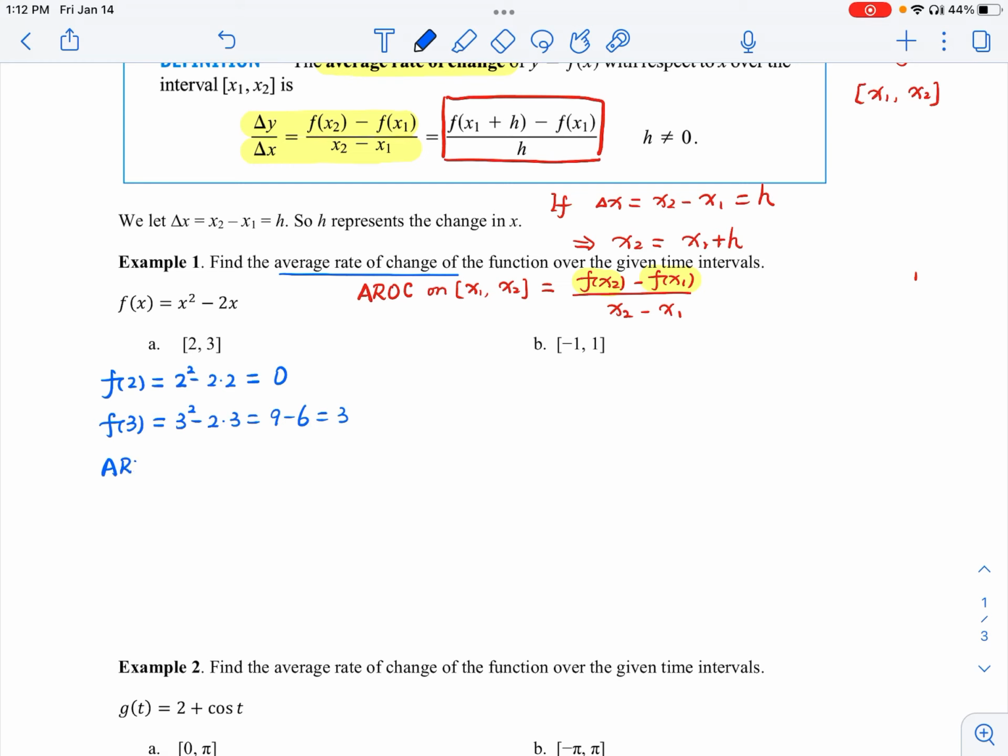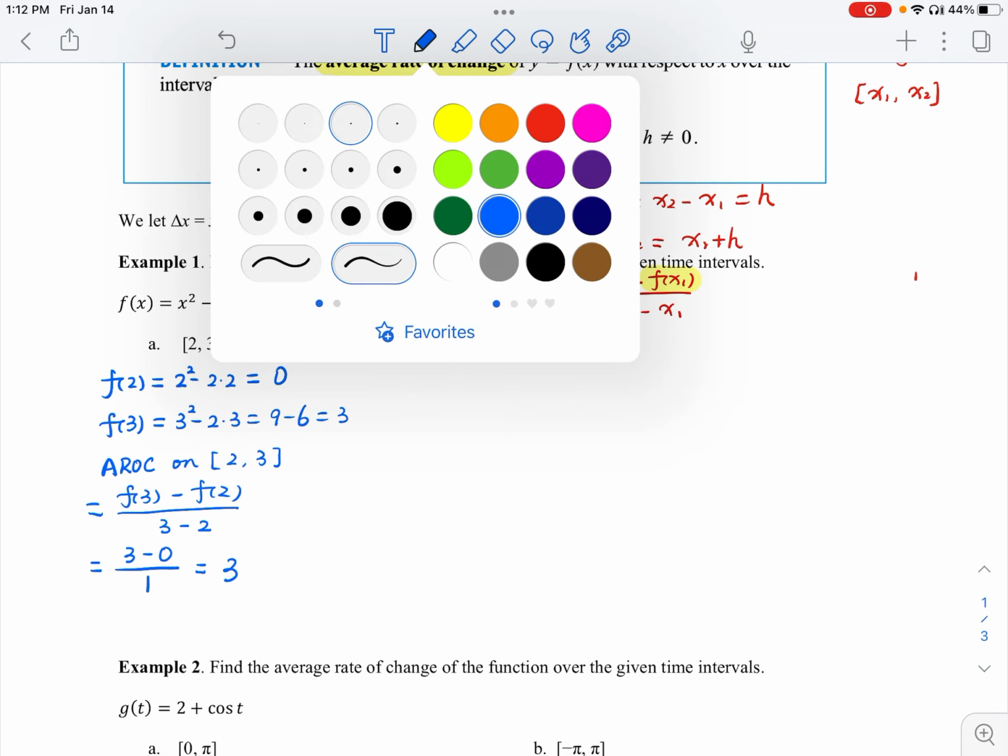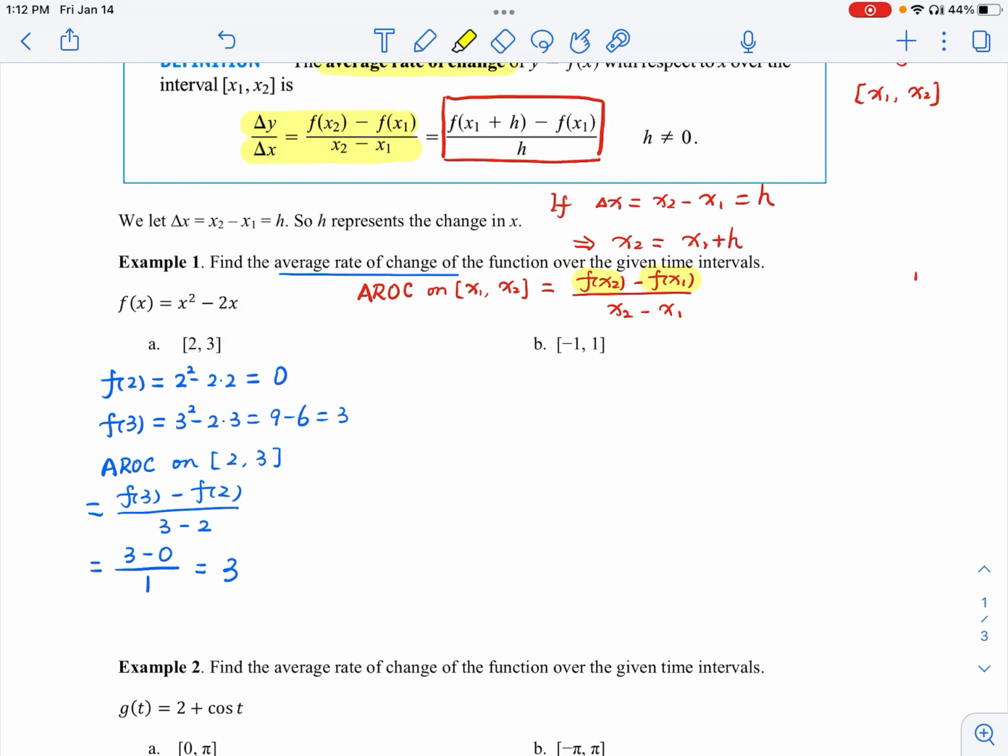The average rate of change on the interval 2, 3 is f(3) minus f(2) divided by 3 minus 2. f(3) is 3, f(2) is 0, so plugging in, this is 3 divided by 1. So our answer is 3. Pay attention to our formula: you have 3, 2, 3, 2, which follow the same direction.